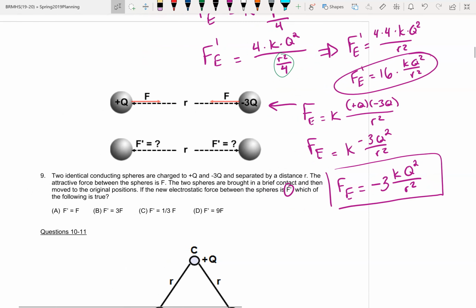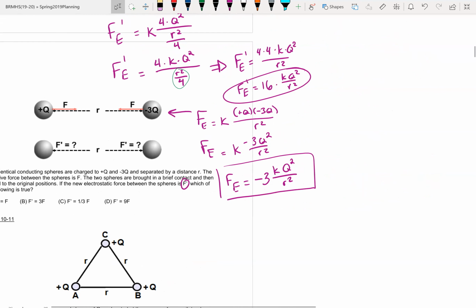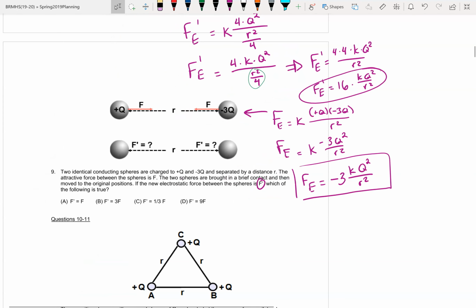When we touch them together, look at the total amount of charge that we have to start off with. We have a positive Q, we have a negative 3Q, which means our total amount of charge for the entire system here is going to be minus 2Q. Conservation of charge says we still have to have minus 2Q in total, and when they touch, they're going to balance out.